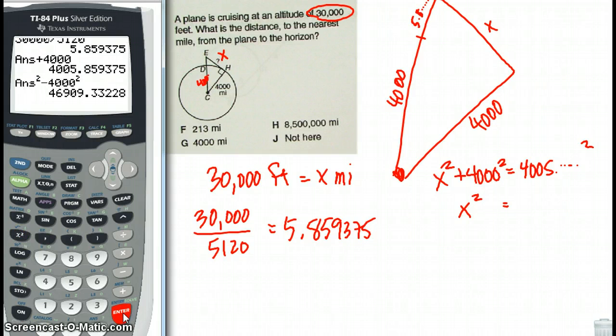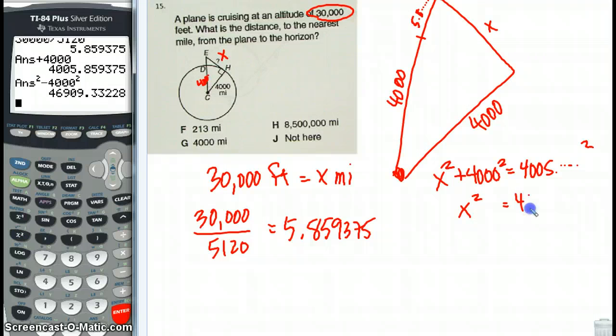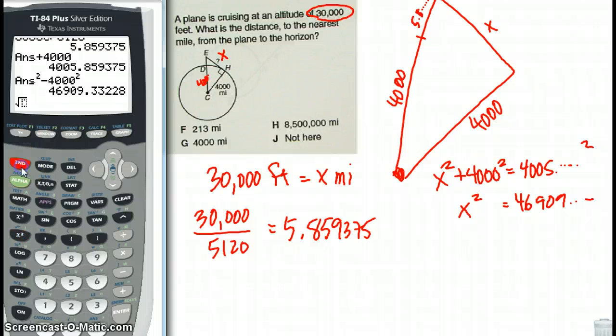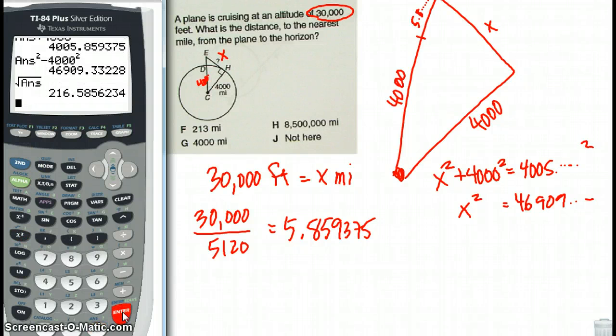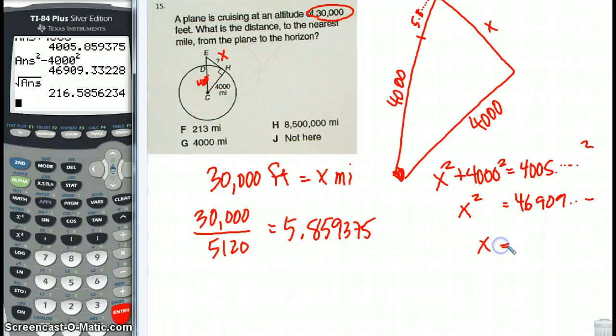And there's that. I don't think this is important to write down, but there you go. And now let's take the square root of that by doing square root of answer. And we get 216. Okay, closest one here, 213.